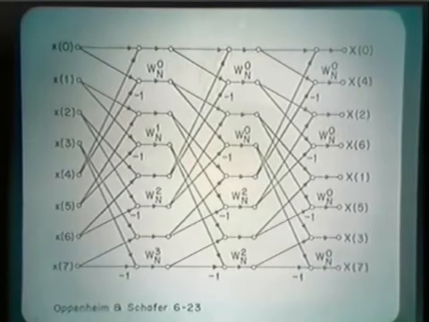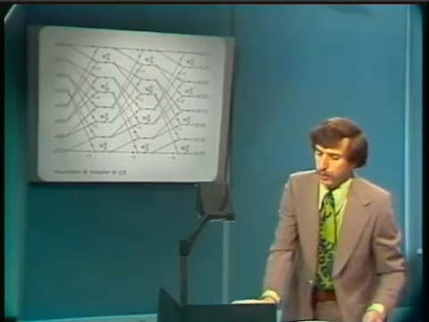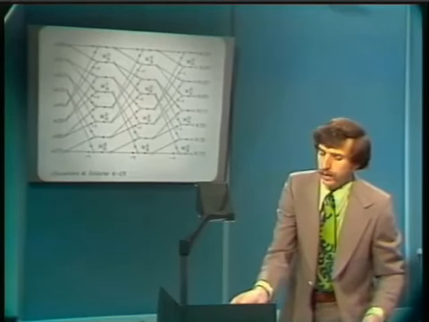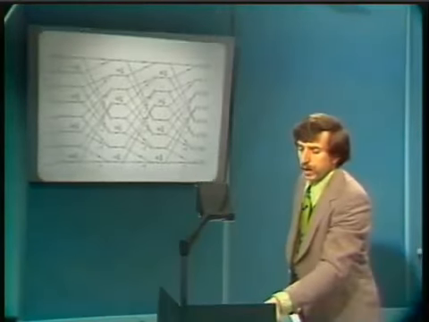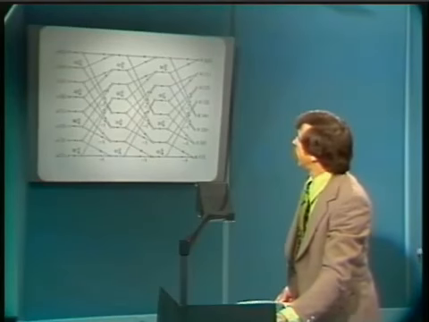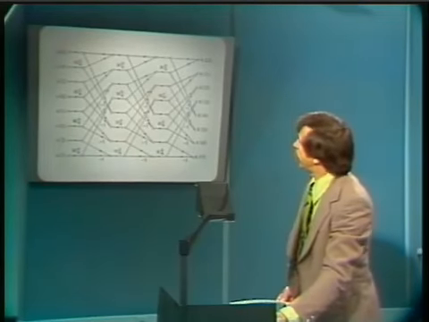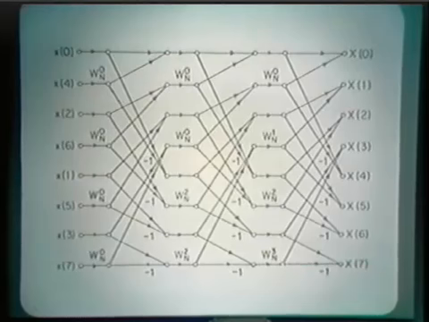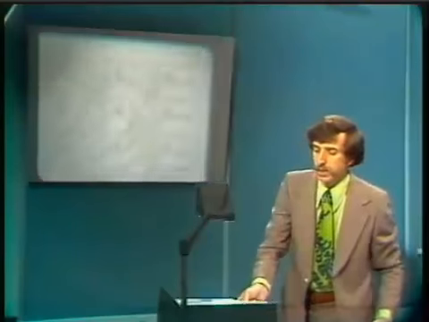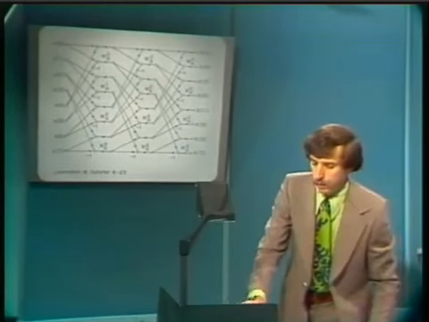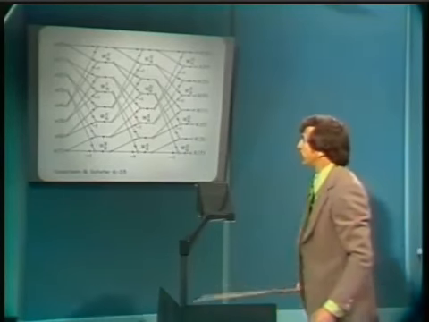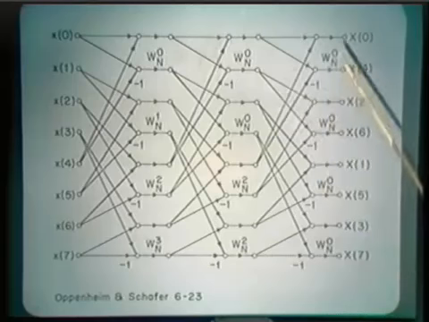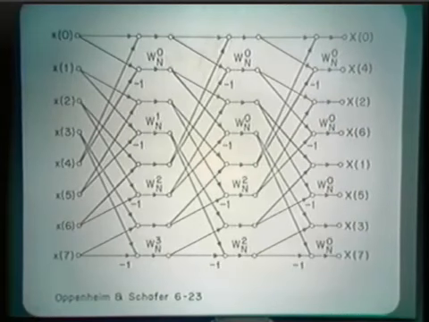And let me just compare this for you with the corresponding flow graph that we had last time, which I've indicated here. That has the input in bit reversed order, the output in normal order. In fact, the transposition of this flow graph is the decimation in frequency form of the algorithm, for which the input is in normal order and the output is in bit reversed order.